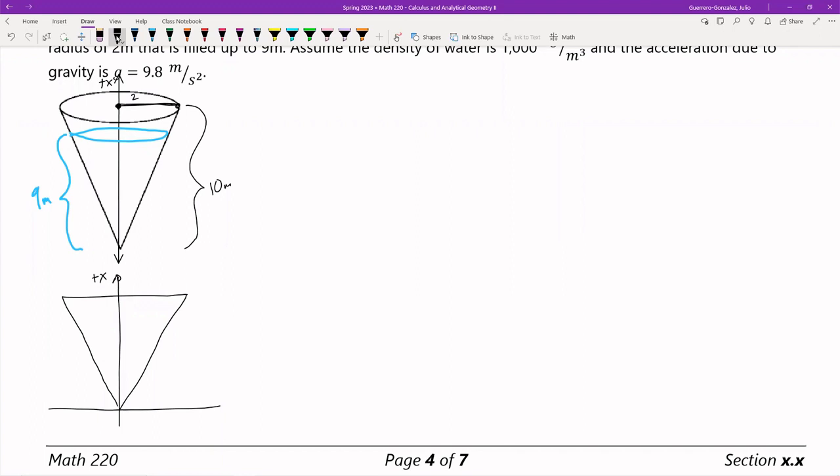Okay, so this is the bits that I need, right? I need some W_i, it's going to be some rho times V_i times gravity times D_i. I need to fill in all of these bits.